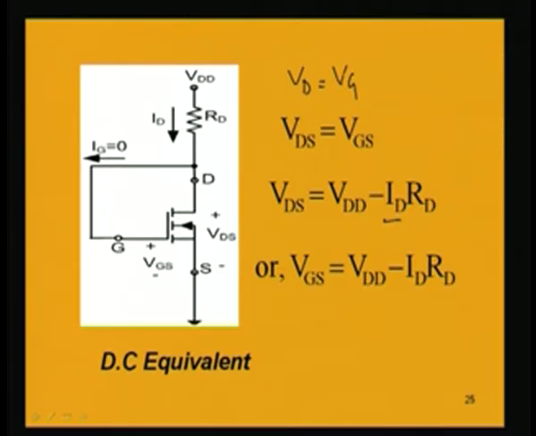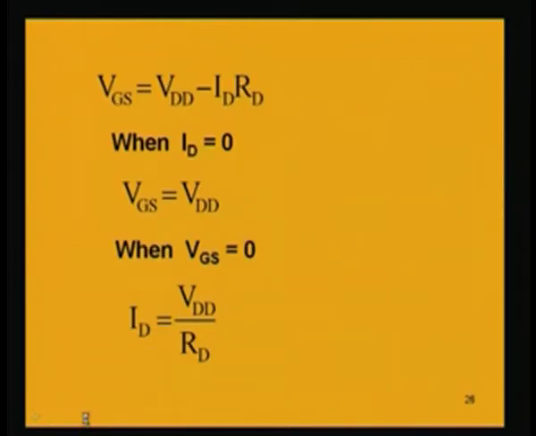So, the drain to source voltage is VDD minus ID into RD. And since this is also equal to the gate to source voltage, VGS is equal to VDD minus ID RD.